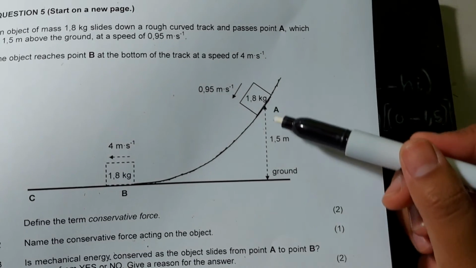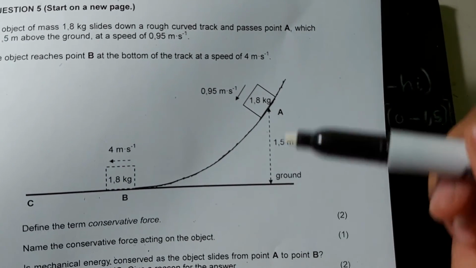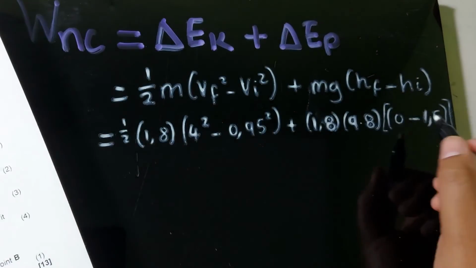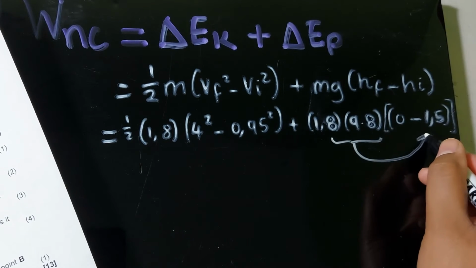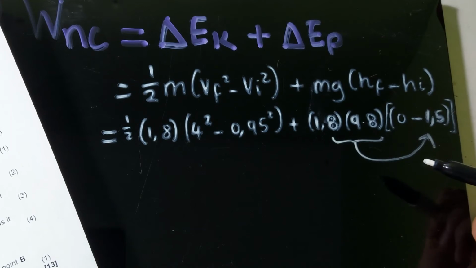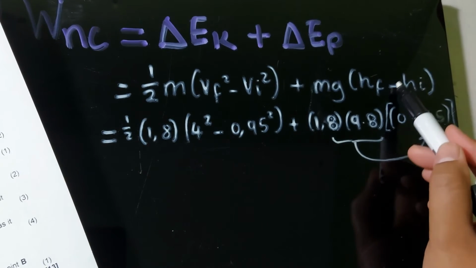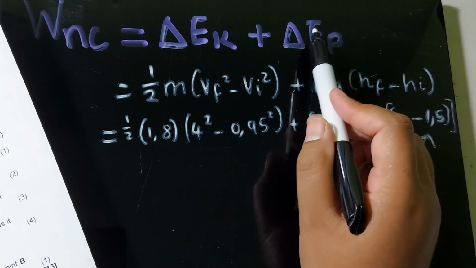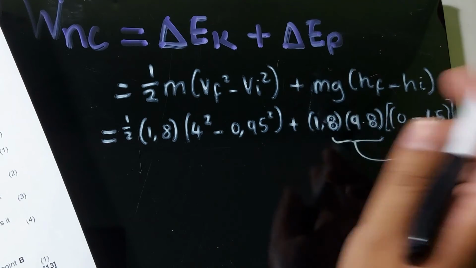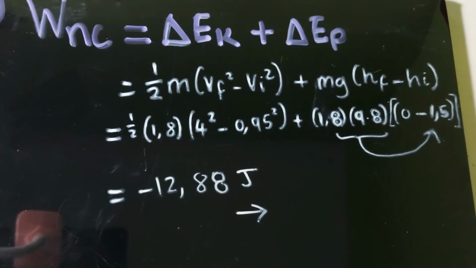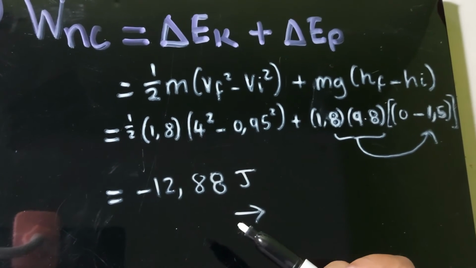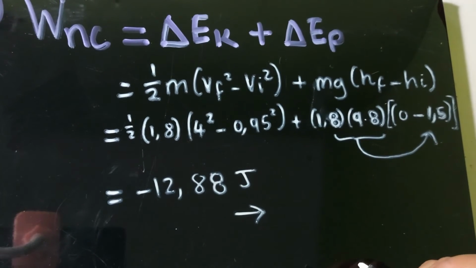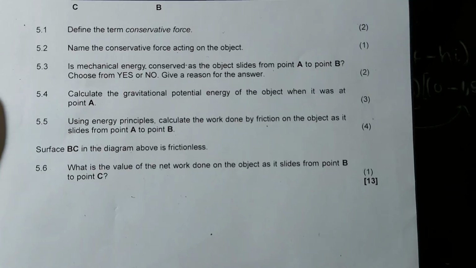So even though we're assuming this is a positive direction, I have to multiply this by a negative 1.5. The reason is because I have subtracted this initial height, since I am dealing with a change in potential energy. And it's so important to get this step right because you're going to get your negative answer, which is the correct answer for this particular question.